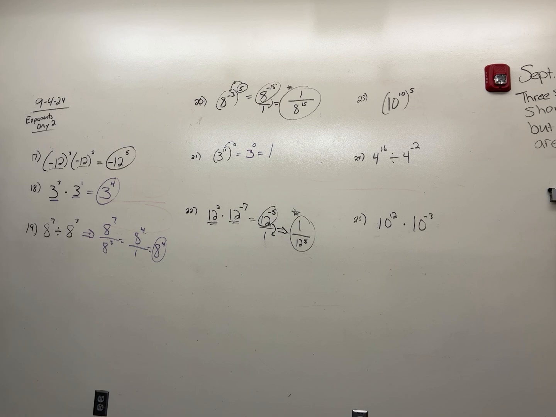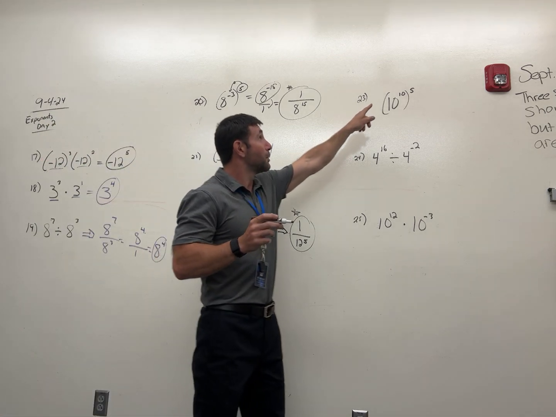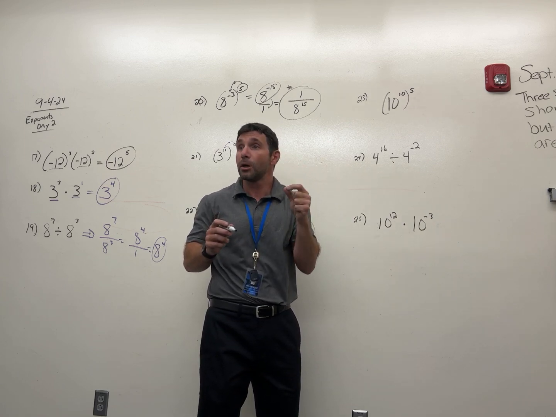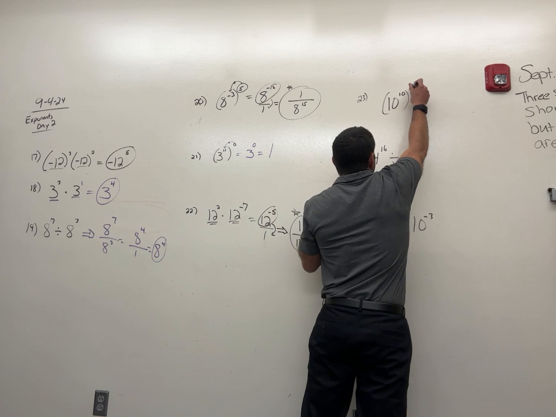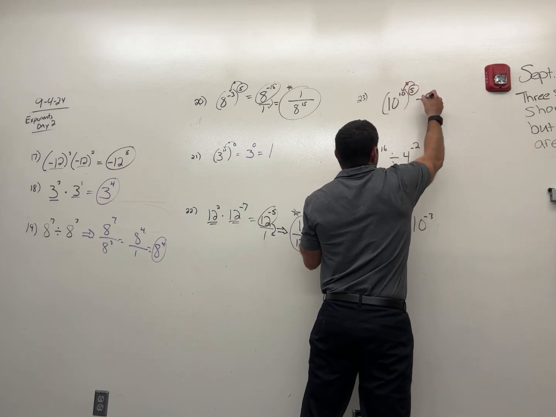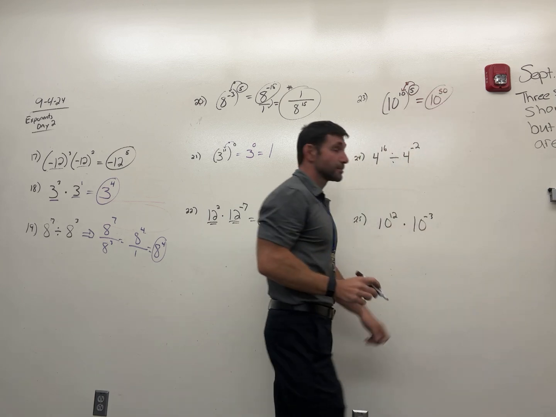Okay, here we go. I know that wasn't a lot of time, but we're running out of time in class. Power to a power, we take the powers and multiply. I'm taking the 5 and I multiply to the 10. 10 times 5 is 50.